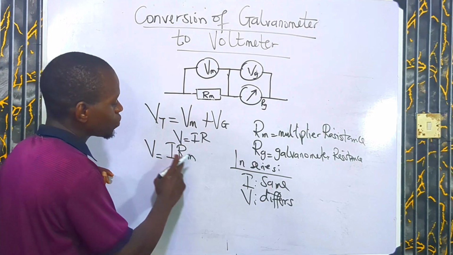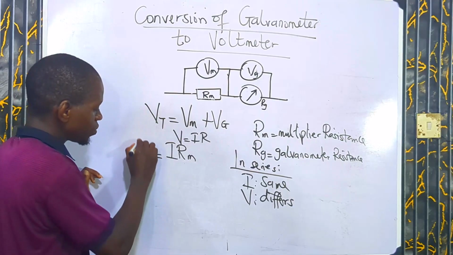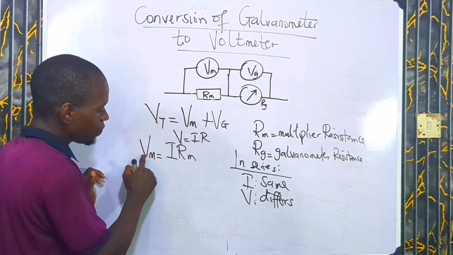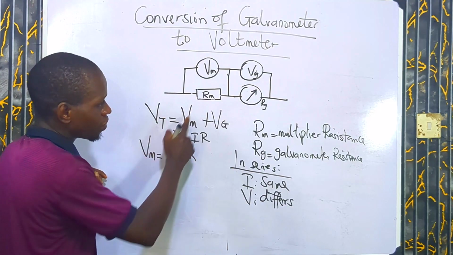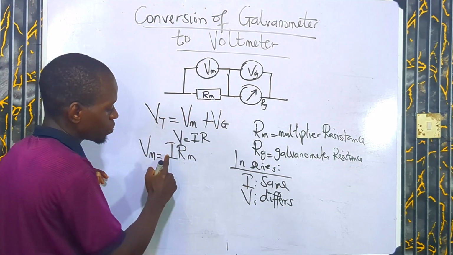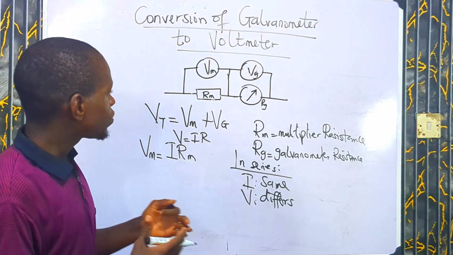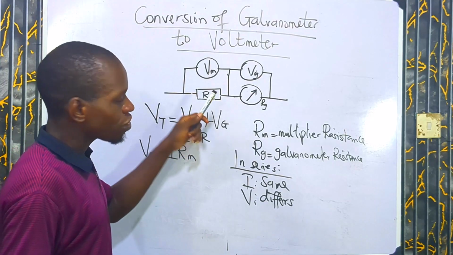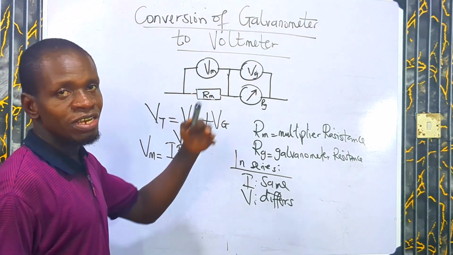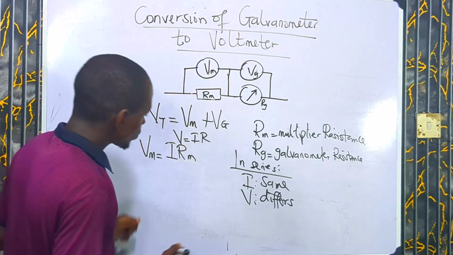For the R, I'm going to write Rm. So Vm equals I times Rm, the resistance of your multiplier. Remember that this multiplier is always of high resistance value.